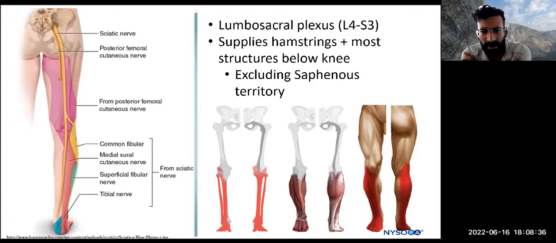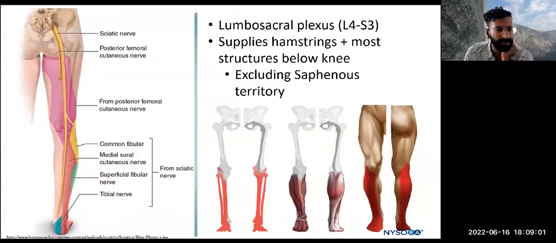So getting a good block of the sciatic nerve at this level can allow you to do almost anything below the knee, and we quite routinely do below knee amputations under just a popliteal sciatic nerve block and a saphenous nerve block, usually at the adductor canal. So it is very powerful.